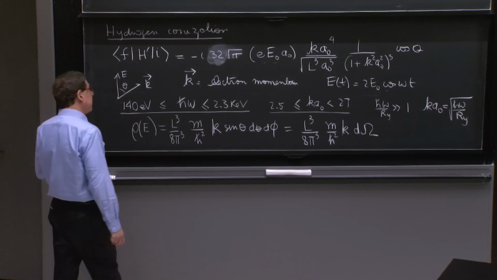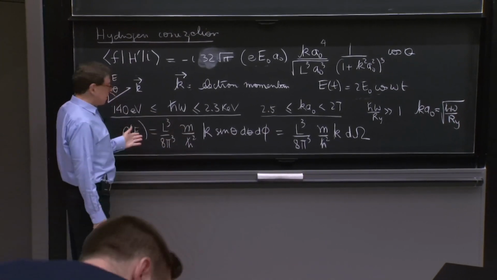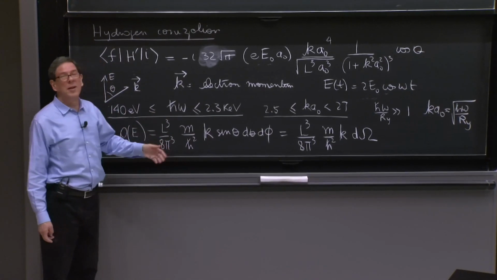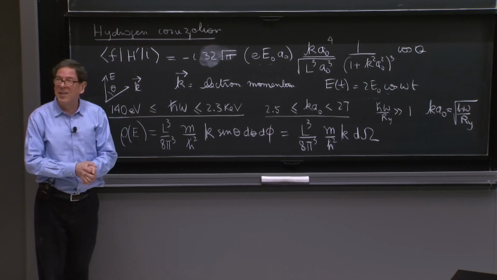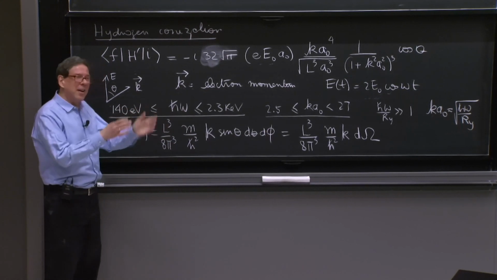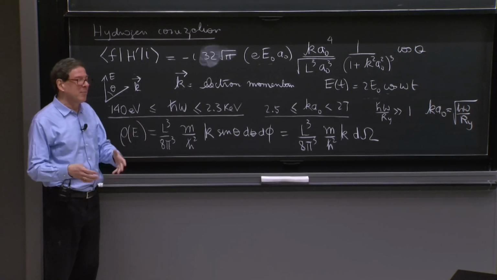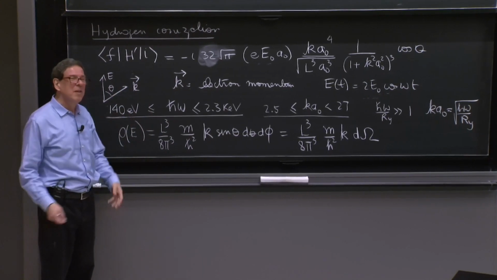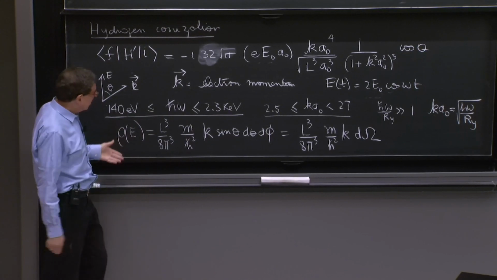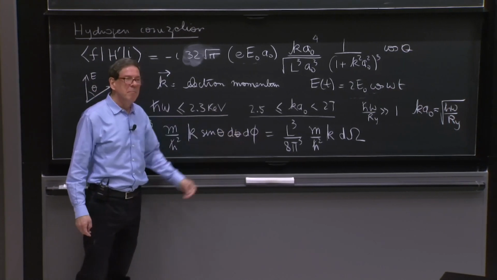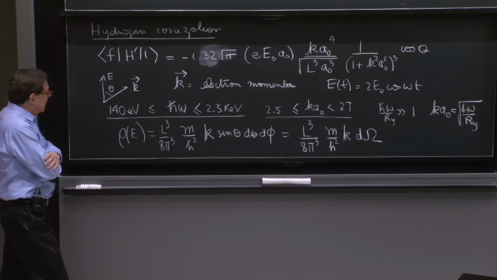The last ingredient in our computation is the density of states. This was calculated also a couple of weeks ago, so you have to keep track of some formulas here. There's some formulas that are a little complicated, but we'll have to box them and just be ready to use them, or to spend 5 minutes rederiving them.